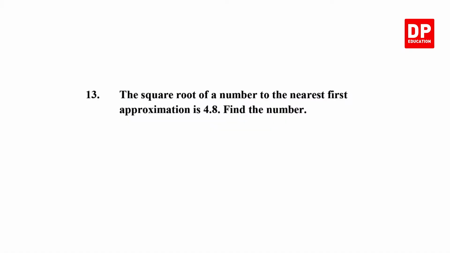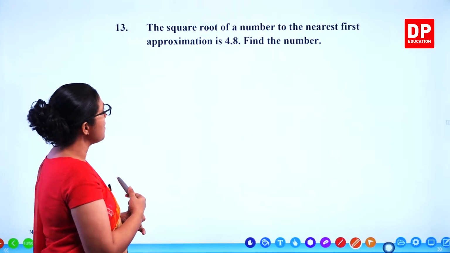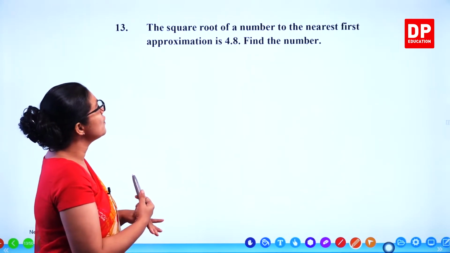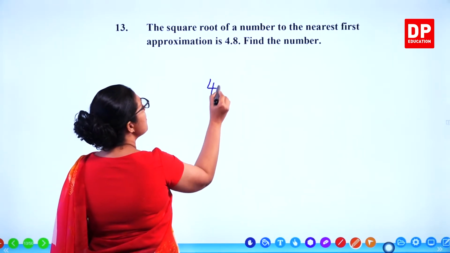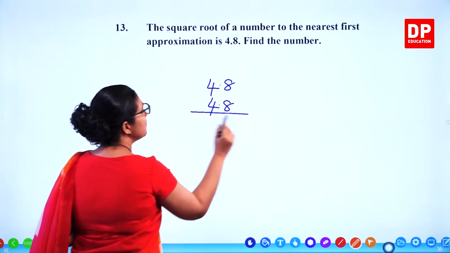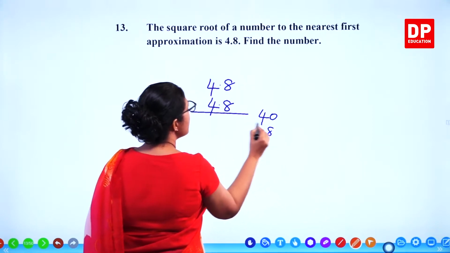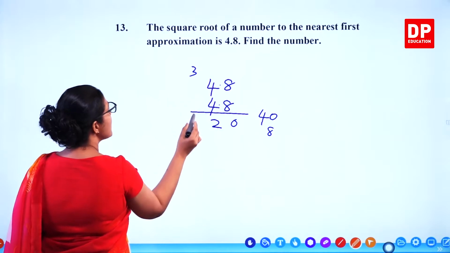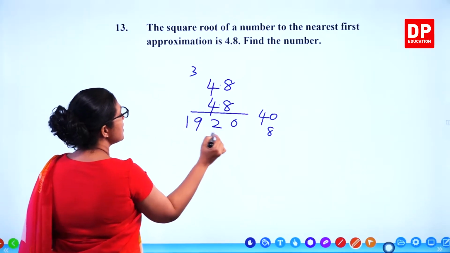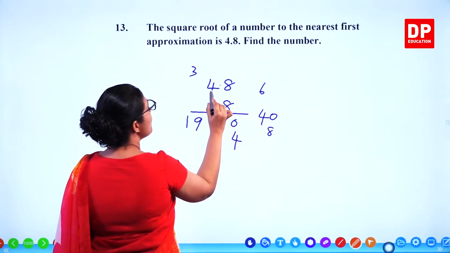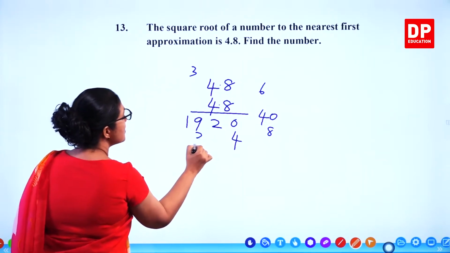Question number 30. The square root of a number to the nearest first approximation is 4.8. Find the number. So the root value is 4.8. So you multiply with the same number, 4.8 squared, 48. 4 times 8, 32. 4 times 4, 16 plus 3, 19. 8 times 8, 64. 8 times 4, 32 plus 6, 38.